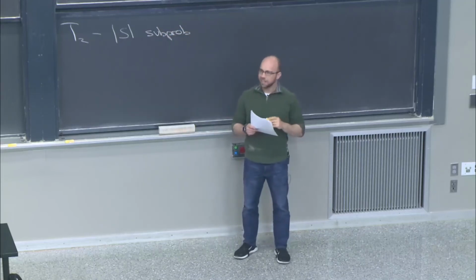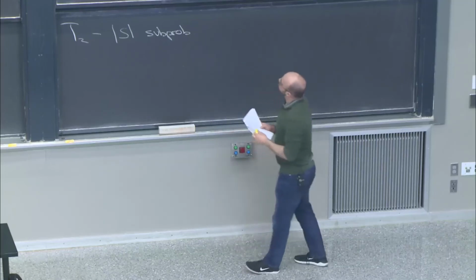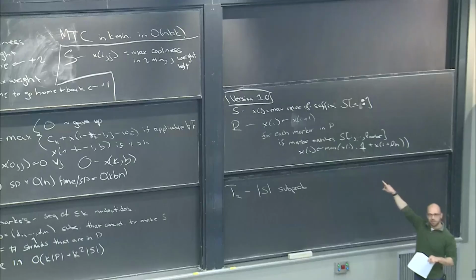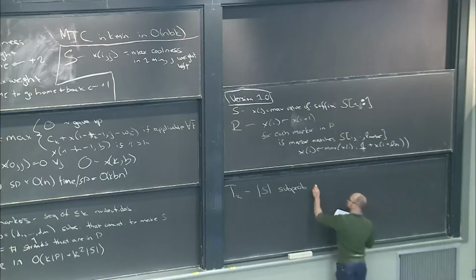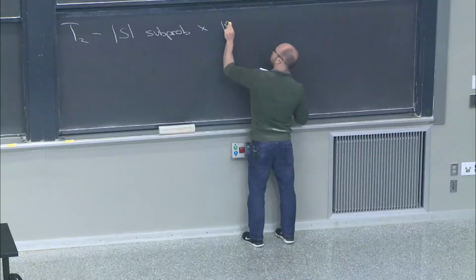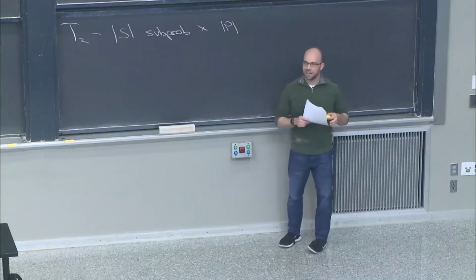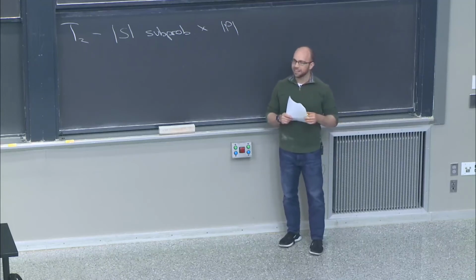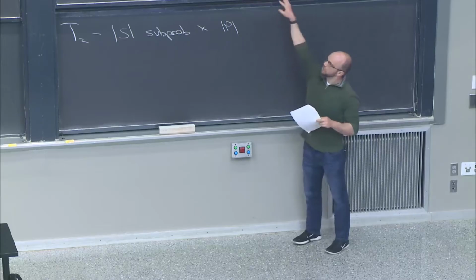But how much time does it take for each subproblem? Well, let's be careful. So there's a for loop over all the markers in P. So I know that I incur at least |P| work in my subproblem. Is that all the work that I incur? It kind of looks like it, because there's only one for loop and there's an if.